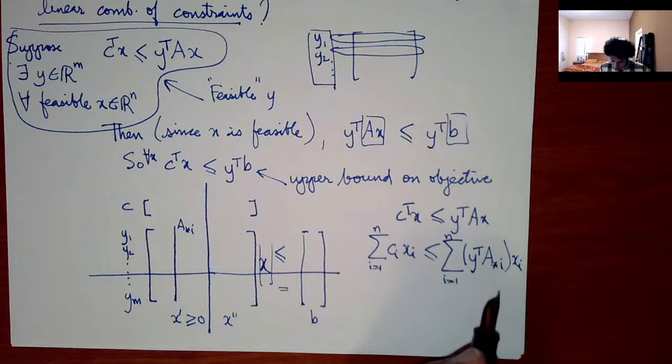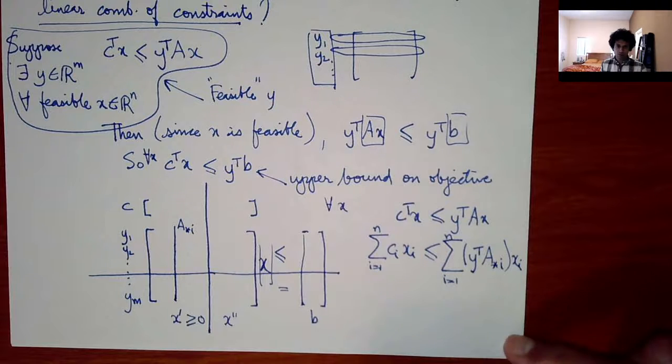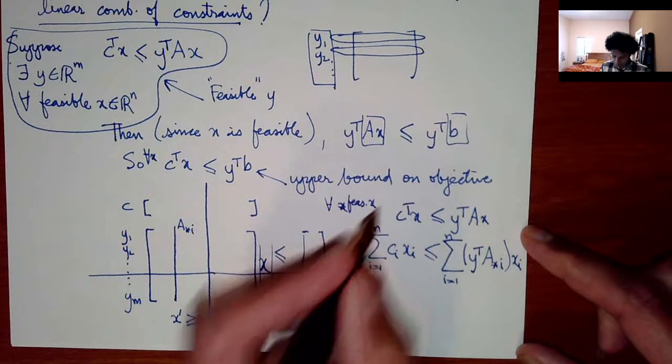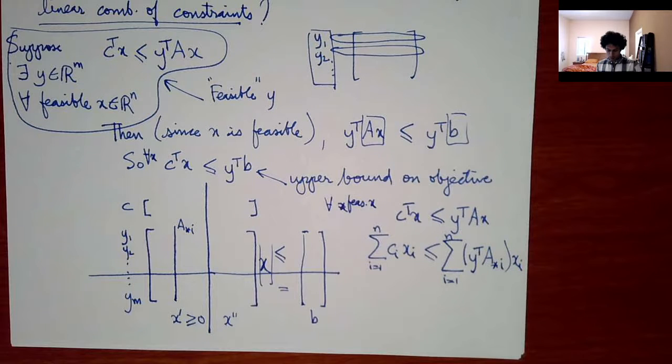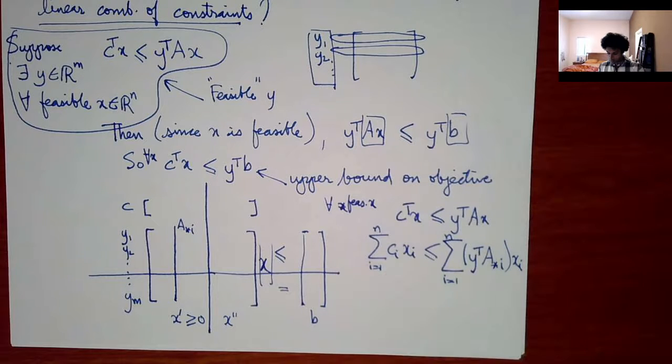This is what you want to hold, and this needs to hold for all feasible x. Does this make sense? Any questions? This is what we would like to hold.